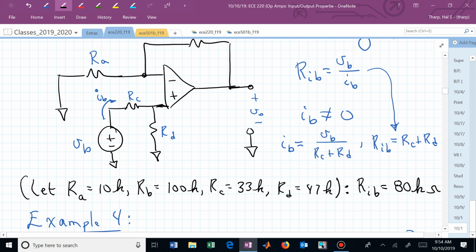That's a little different than infinity, isn't it? But we've made a change in our circuit. What I'm saying is on exam 3, you're going to have to be very observant, very focused on what you're seeing or what you're given as a circuit to analyze.